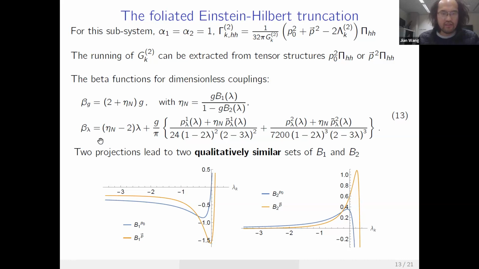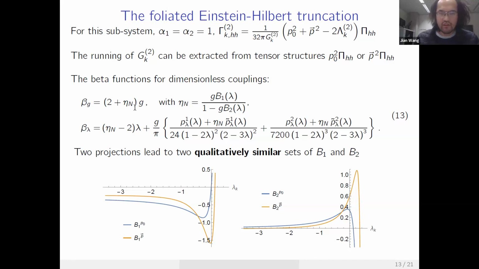And the beta function of the cosmological constant depends on some polynomials of the cosmological constant. Here, this form of the beta function holds for both projections.